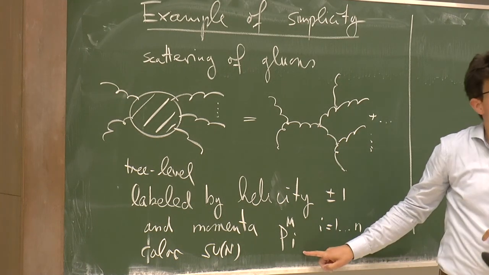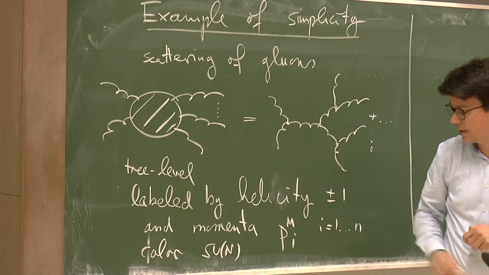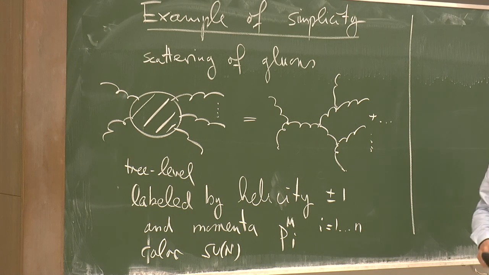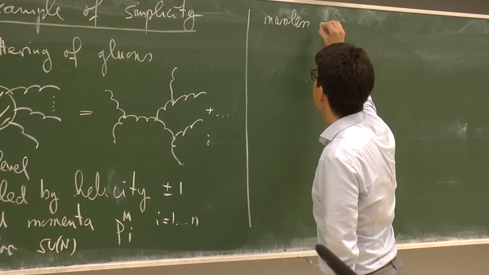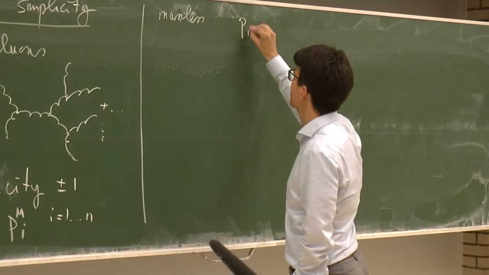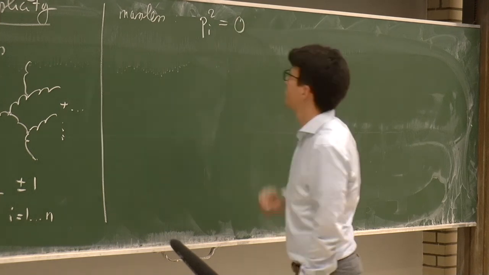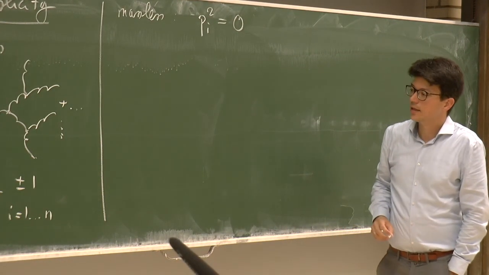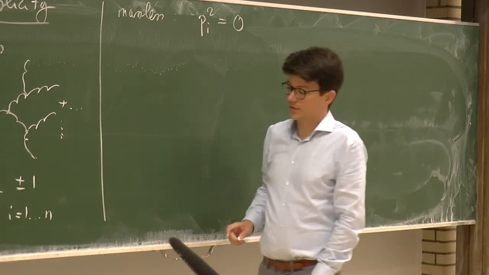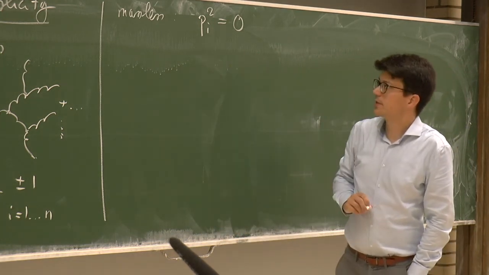So the only thing that I need to tell you is how we deal with these momenta. So I said the gluons are massless. Because of this, they satisfy some constraints. So the square of a momentum is 0. So this is for any i. Also, they satisfy momentum conservation. But what I wanted to focus on is this.